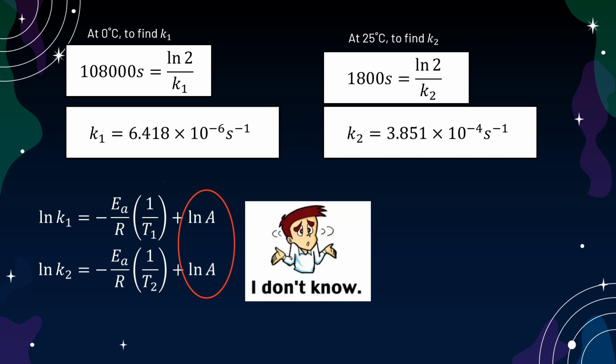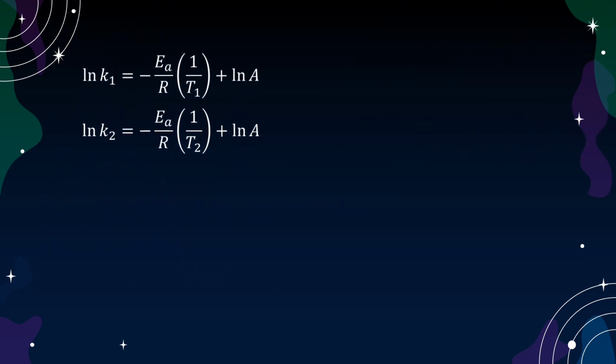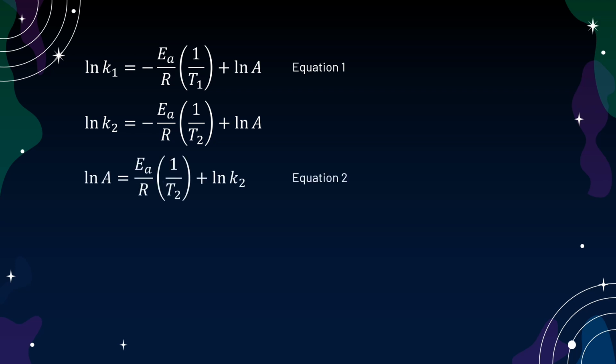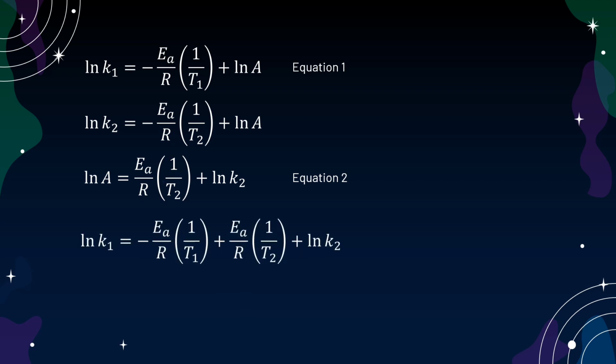So to get rid of ln A from those equations, we need to assign the first equation as equation 1. Then from the second equation, we will get equation 2. So we will insert equation 2 into 1, then we will get ln k1 equal to negative activation energy over R times 1 over T1 plus Ea over R times 1 over T2 plus ln k2.